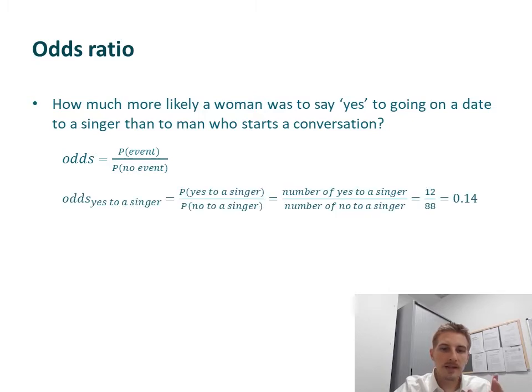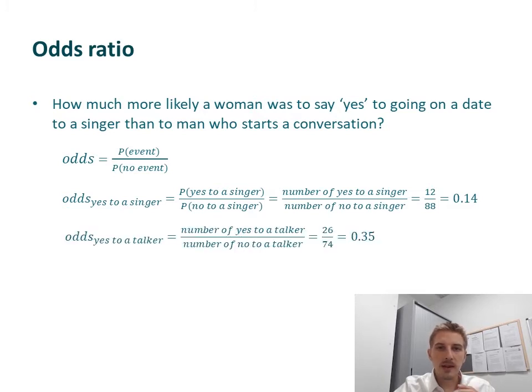So let's calculate the odds for a woman answering yes to a singer, which is the probability that the woman will answer yes to a singer divided by the probability that the woman will answer no to a singer. And this is the number of yes to a singer divided by the number of no to a singer. This is equal to 12 divided by 88, and it's equal to 0.14.